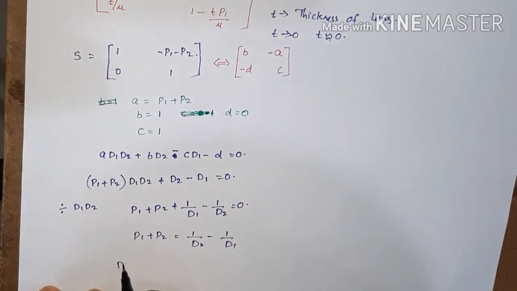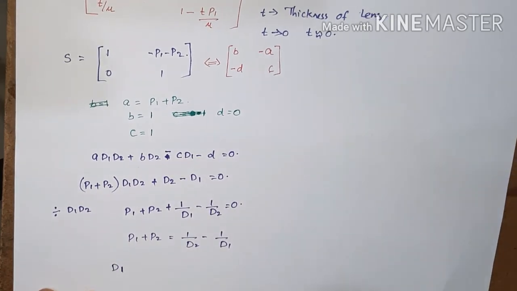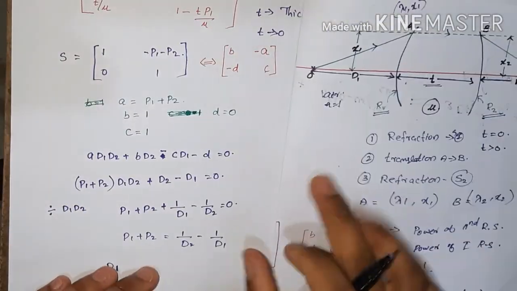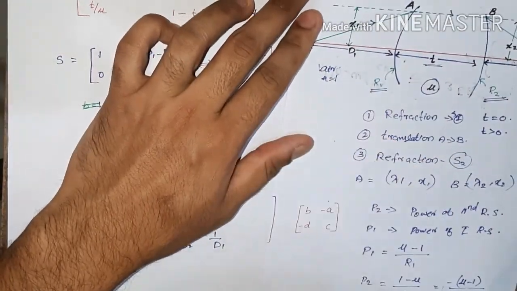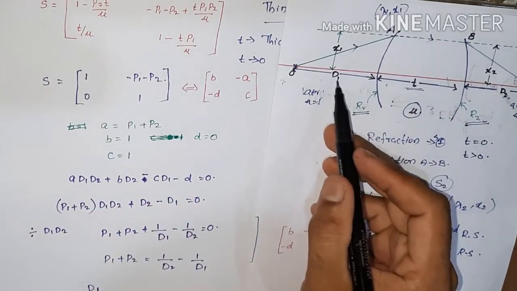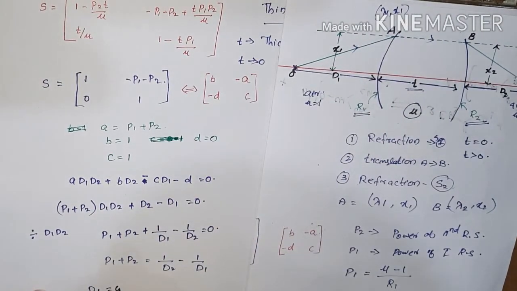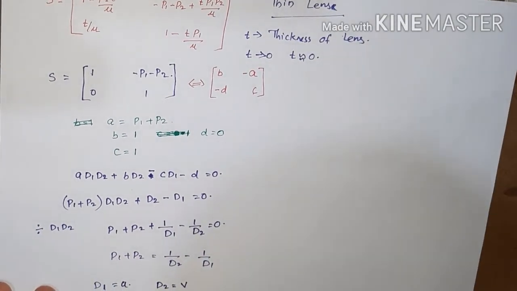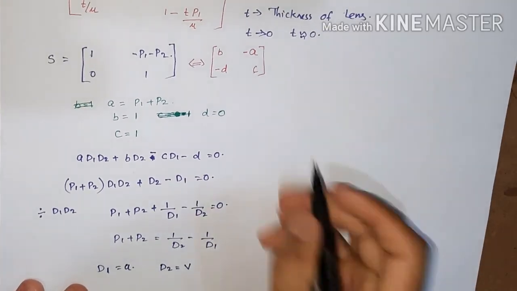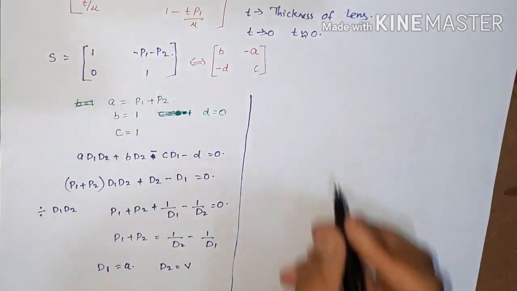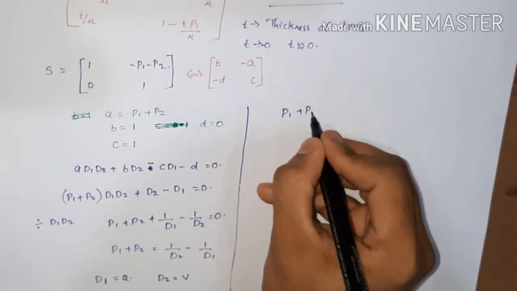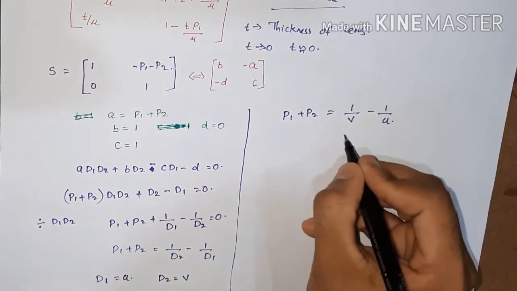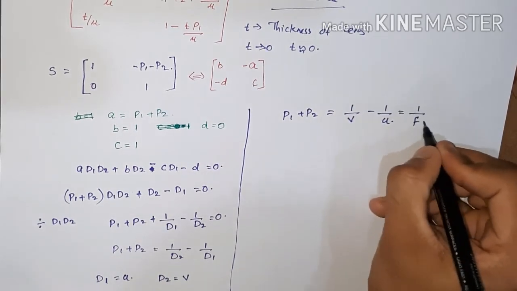Again, d1 is nothing but the object distance from our actual figure, so d1 is equal to u itself, d2 is equal to v itself. So we can write this equation as p1 plus p2 will be equal to 1 by v minus 1 by u. This is equal to 1 by f.